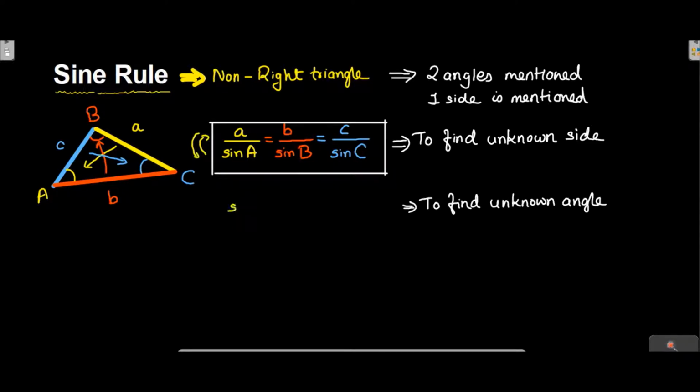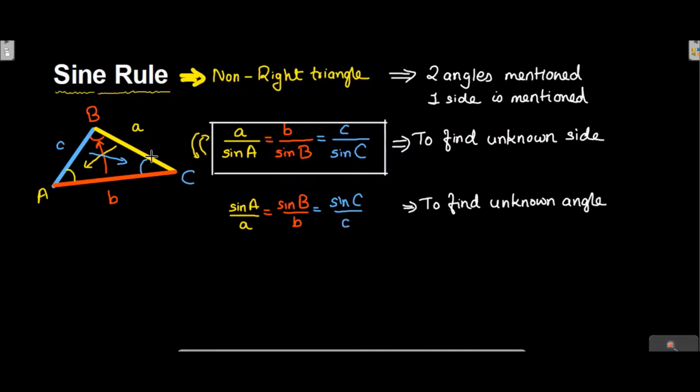So it will be sine A divided by a, sine B divided by b, and sine C divided by c, which is a side.